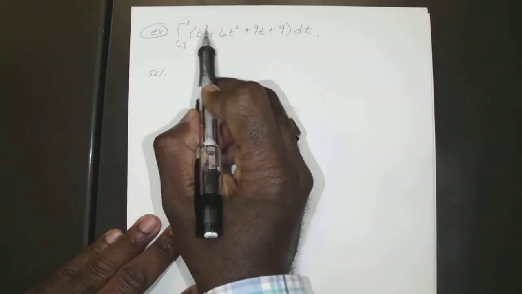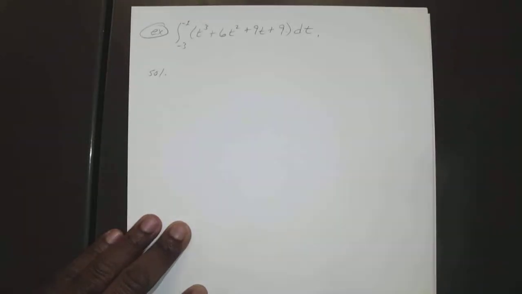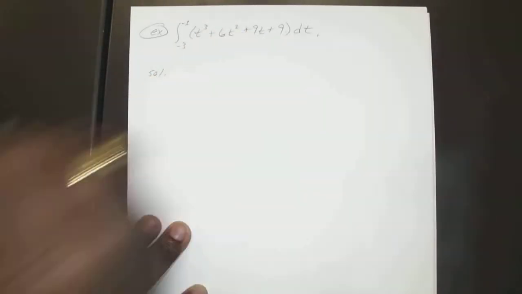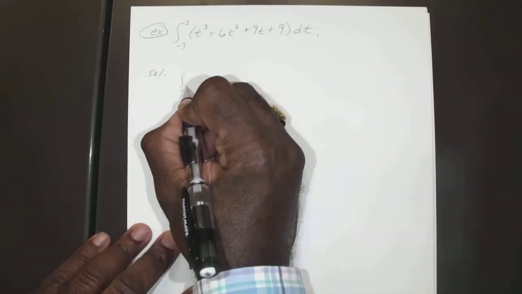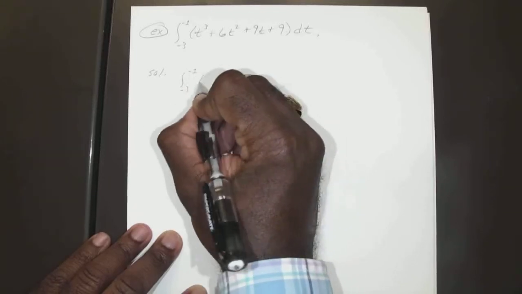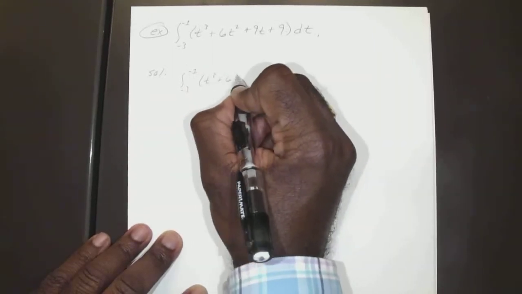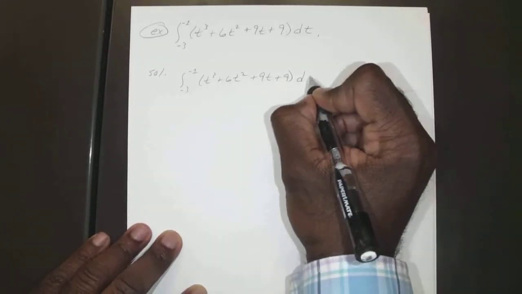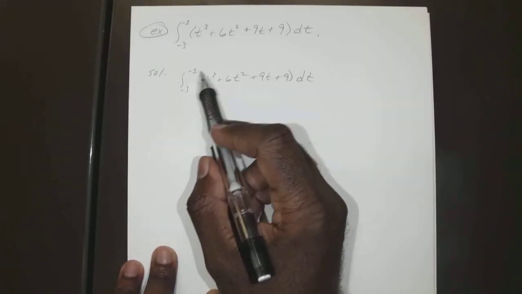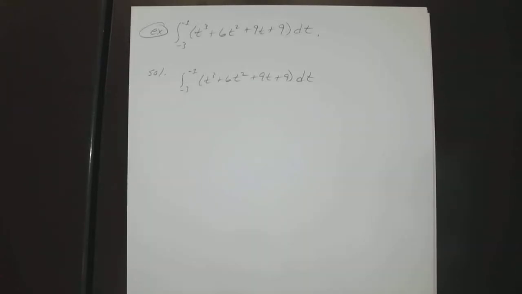Now we're just going to integrate each one of those separately. I'll just rewrite it: t cubed plus 6t squared plus 9t plus 9 with respect to t. You could distribute that to each one, but you don't really have to. You can just integrate them all together.